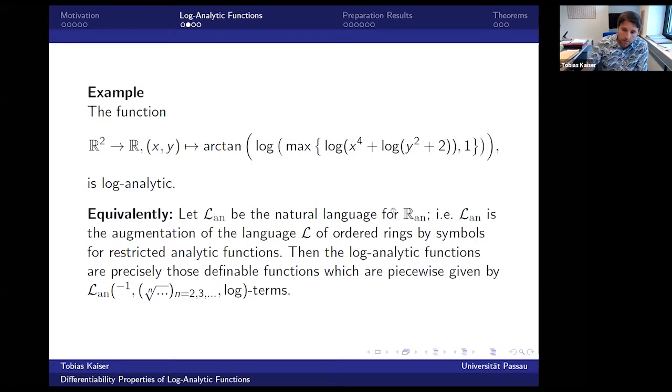We know by a big result of van den Dries, Macintyre and Marker that the functions definable here, so the globally subanalytic functions, are piecewise given by terms in L_an, a symbol for the inverse function and for the nth roots.